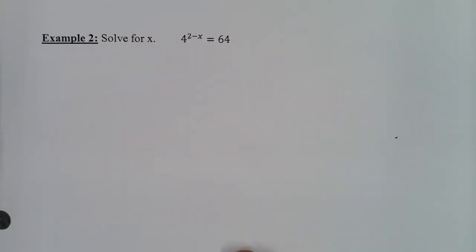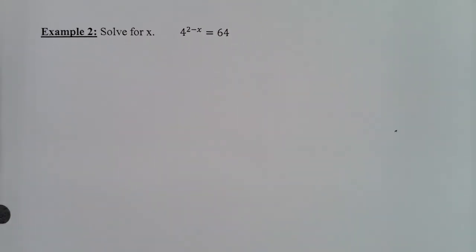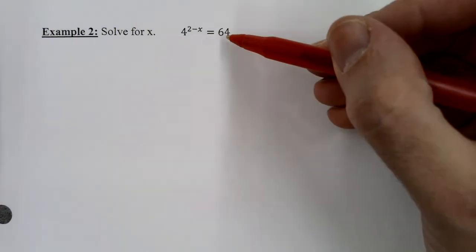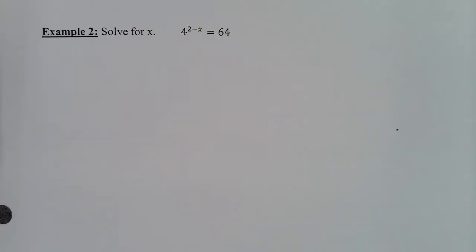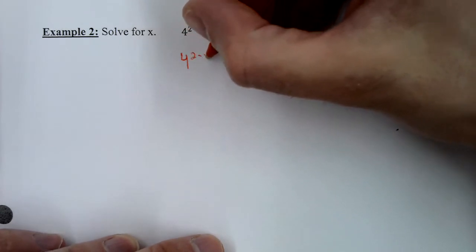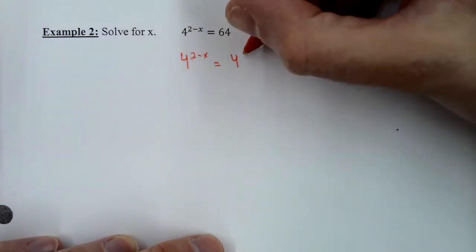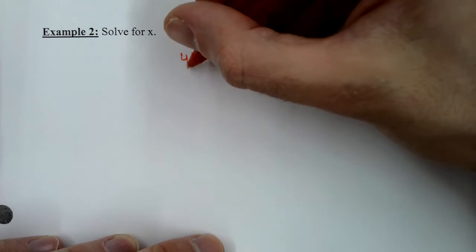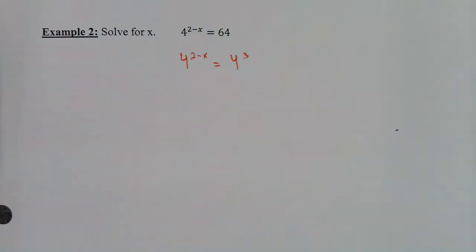Example 2, solve for x. If possible, we're going to write each side of the equation with the same base of 4, because I can write 64 with the base of 4. I leave the left side alone: 4 to the 2 minus x power equals 4 to the third power, because 64 can be rewritten as 4 to the third power.